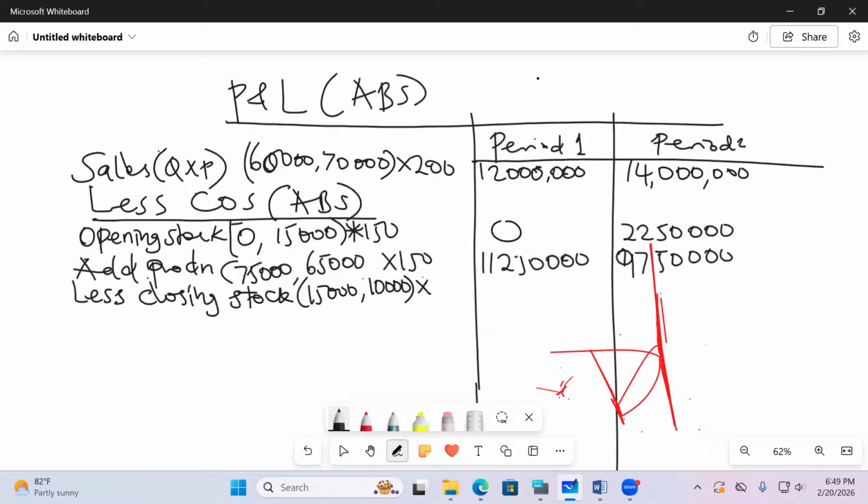So each unit to be valued at 150. So 15,000 times 150 will give me what figure? 2,250,000. And then we have 10,000 times 150, which is 1,500,000.